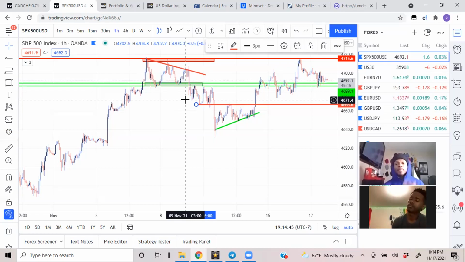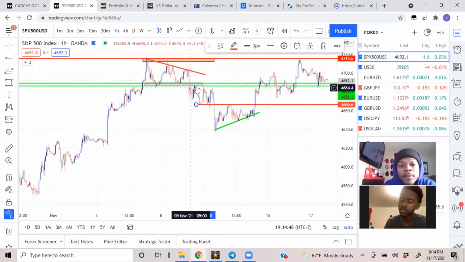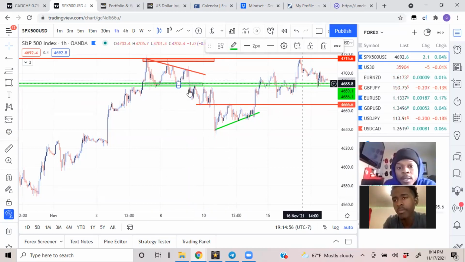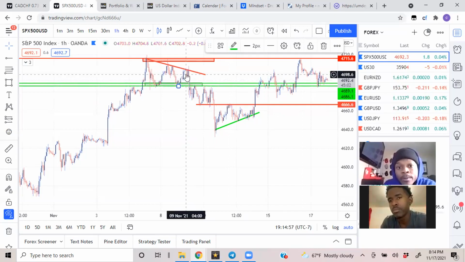And many different examples of that are shown just in this little market space right here. So here, like I said, it was our support and then it broke through. Now it became our resistance.